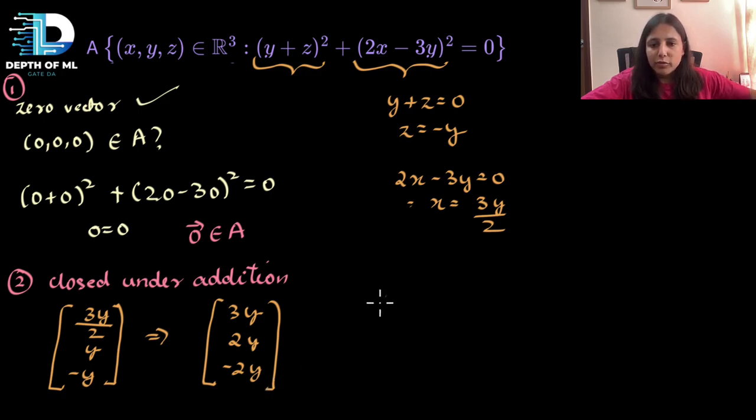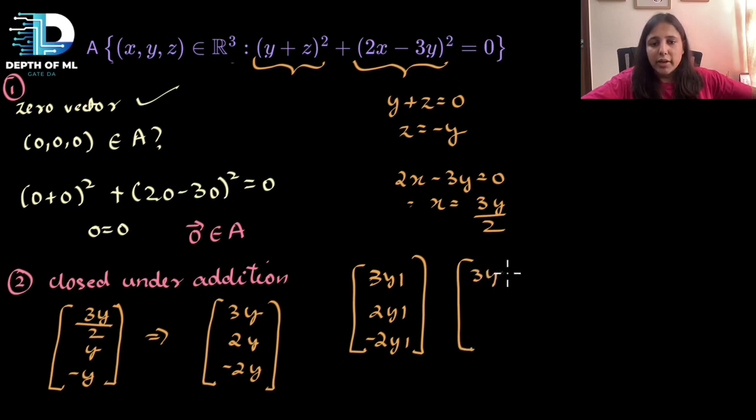Now what I have to do is take two vectors. I'll have, say, 3y1, 2y1 and minus 2y1, and I'll add the other vector, which is 3y2, 2y2 and minus 2y2. If I add them, I should get the same form as this.